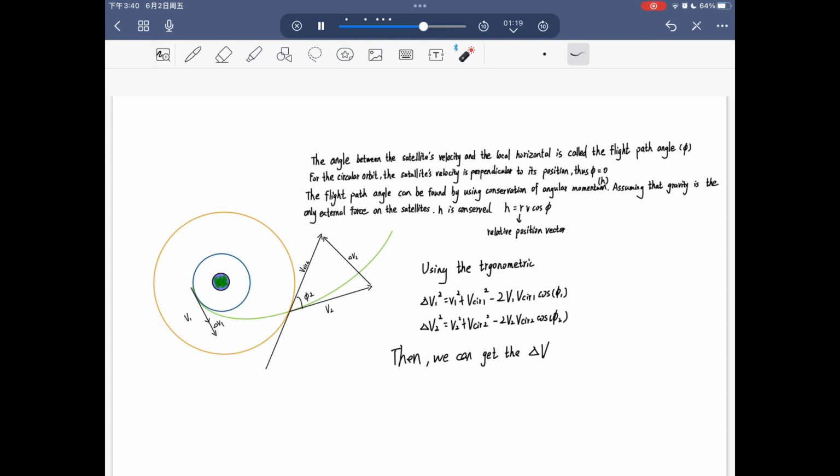If we assume that gravity is the only force acting on the satellite, we can get an equation: the angular momentum is equal to the position vector times the velocity times the cosine of the flight path angle. And by using trigonometry and looking at the graph which I showed here, using the cosine rule, we can calculate the square of the two changes in velocity, and then we can get the total change in velocity by adding them together.